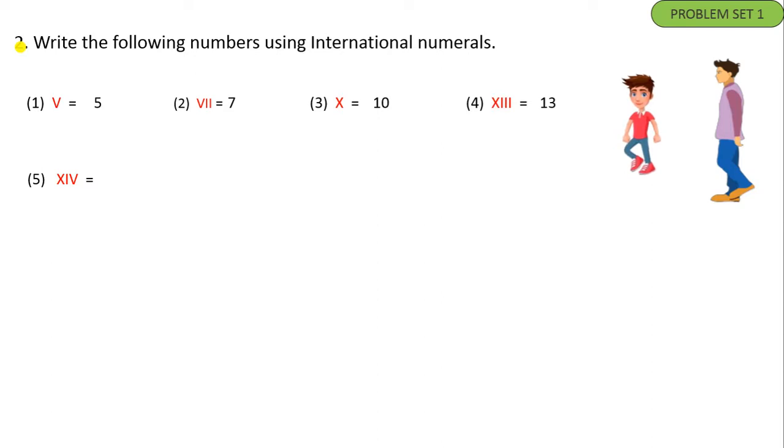And we know IV means I before V. Therefore, we must subtract I from V, that is, we subtract 1 from 5, and this number is 4. Therefore, the given number is 10 plus 4, that is 14. Good, Rahul. Likewise, we can write the next Roman numerals in international numbers. Yes, teacher. Definitely, we can write these numbers.